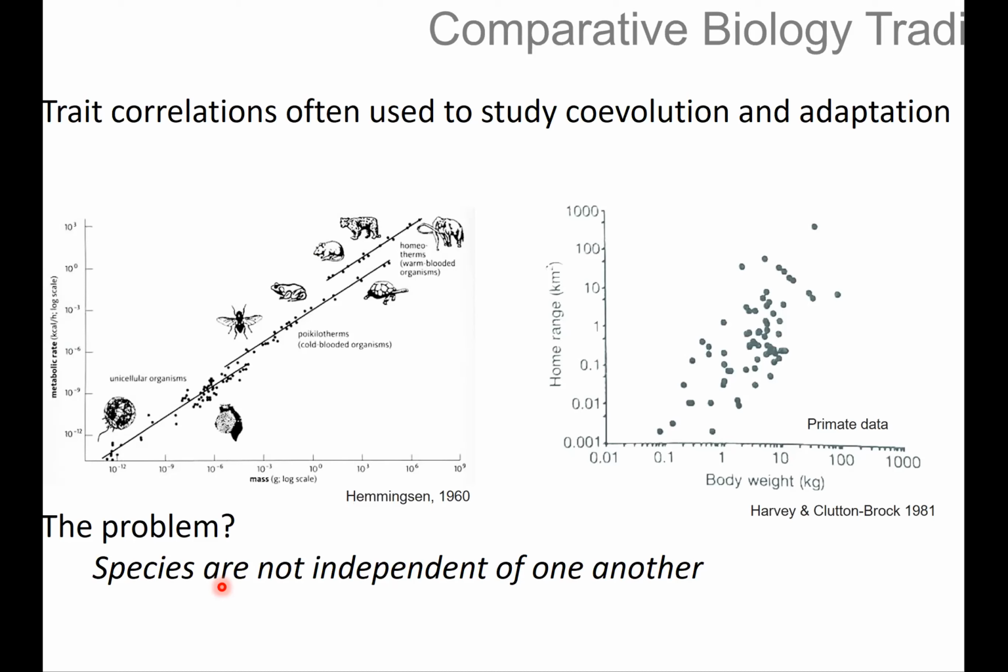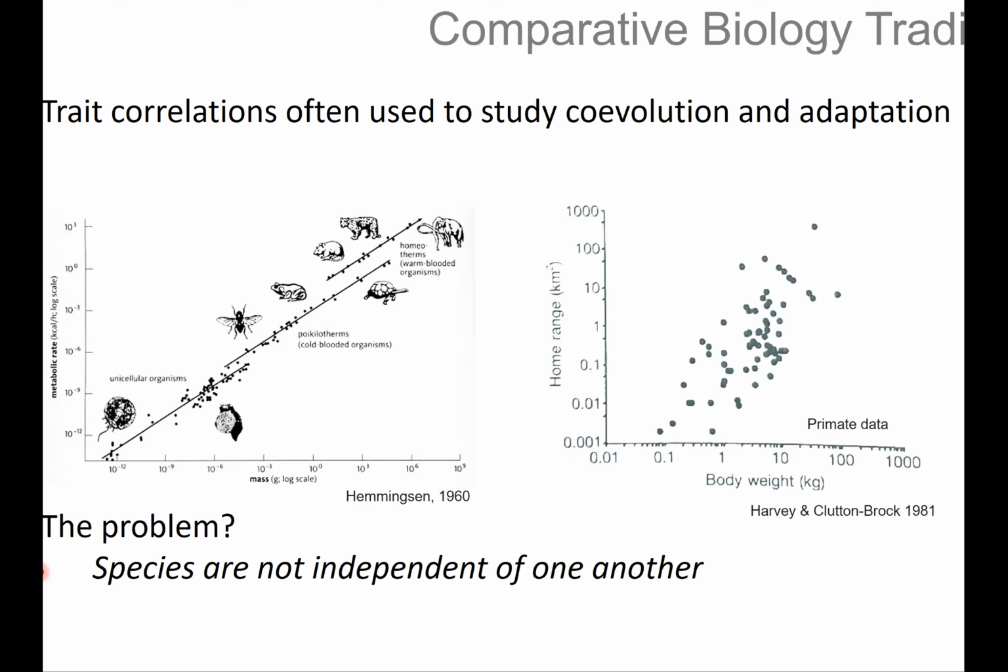These sorts of trait correlations across species were used to understand adaptation and to study coevolution. So finding very strong associations between body mass and metabolic rate was treated as evidence of adaptation and coevolution of those traits, for which explanations were required.